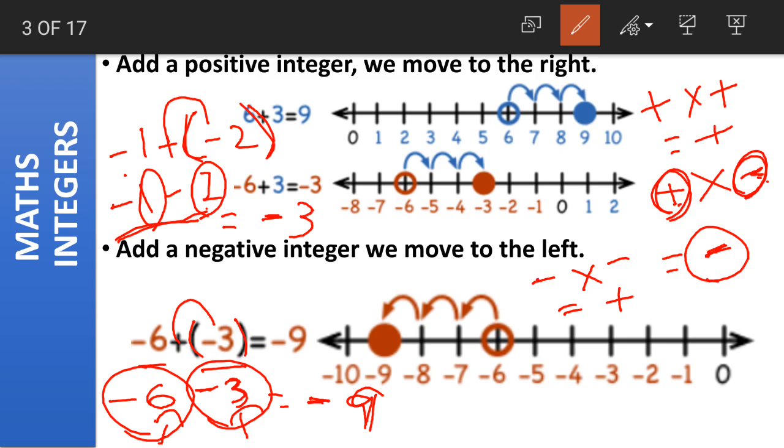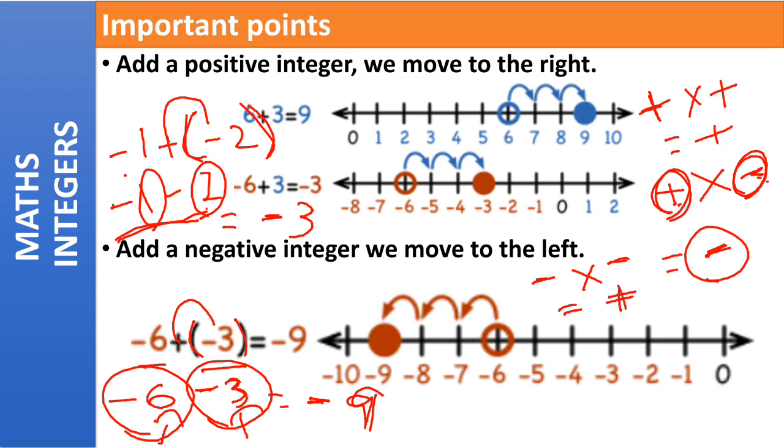If we have more than one minus or we have both plus, the answer will be plus only. Okay, clear students? I hope so. These signs are very important when we are dealing with integers. A plus and a negative gives us a negative. A plus and a plus gives us plus. A minus and a minus gives us a plus.